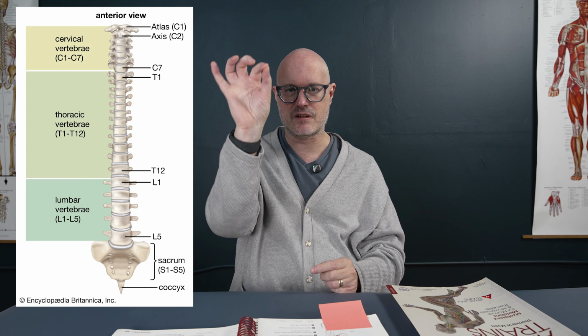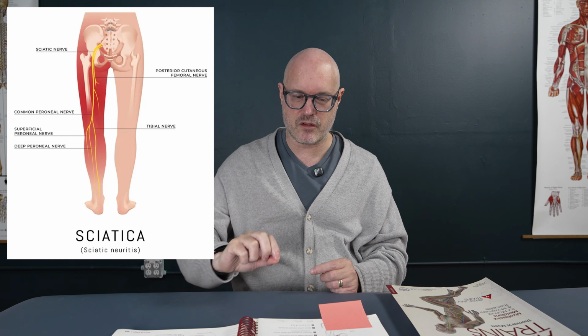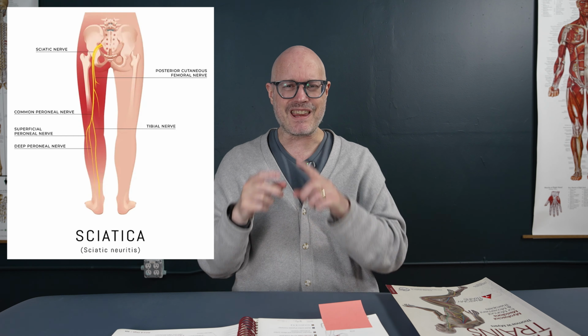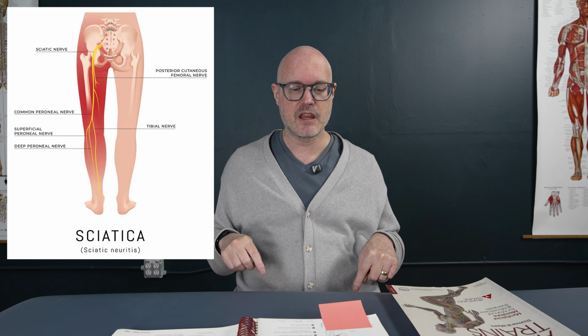and that travels down through your hip, all the way down the leg, and all the way down to the foot. It does branch off at certain parts of the leg into different nerves.